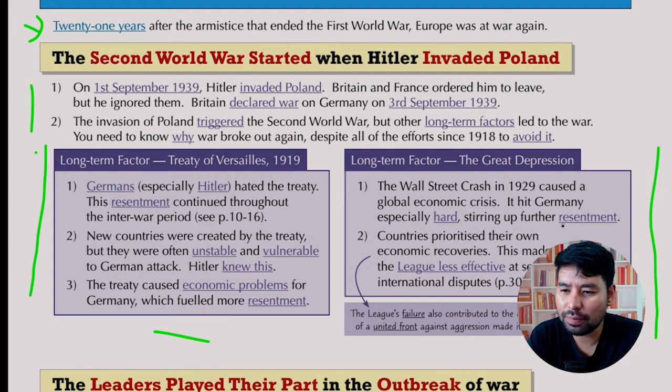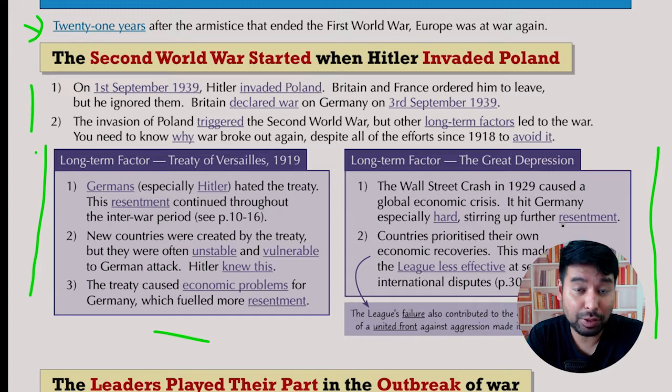So new countries were created by the treaty, but they were often unstable and vulnerable to German attack. And Hitler knew that. I think this is one of the reasons: he knew that these new countries couldn't do anything, so he could take his actions freely.